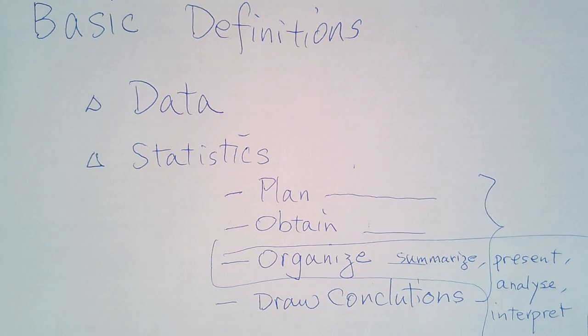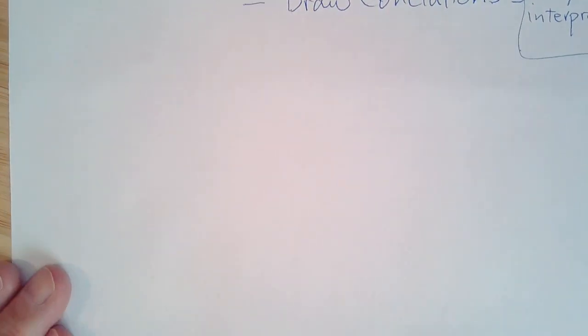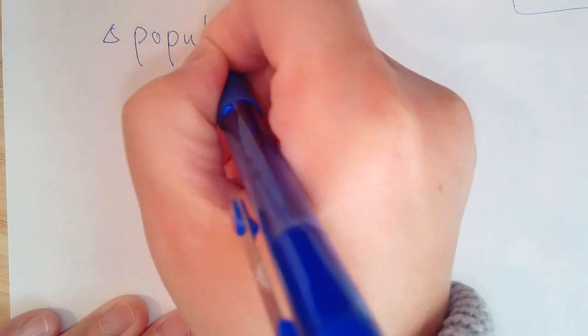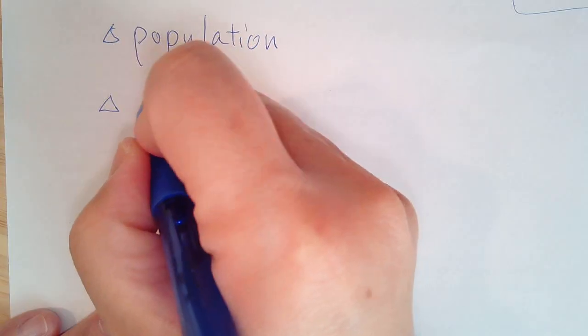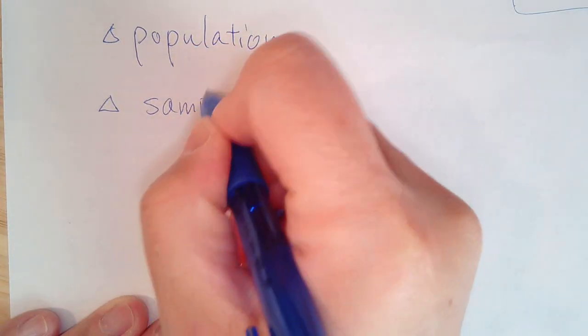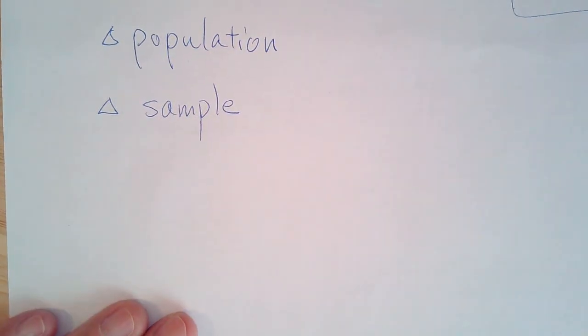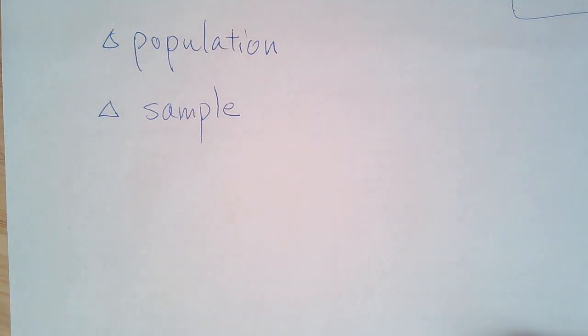All right. Next concept, I'll just keep moving. The next one is called a population. And compared with the population, we call that a sample. For example, if you want to find the average income of everybody in the United States, what would be the population?